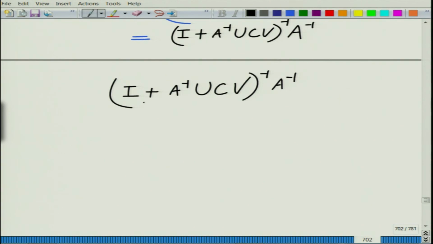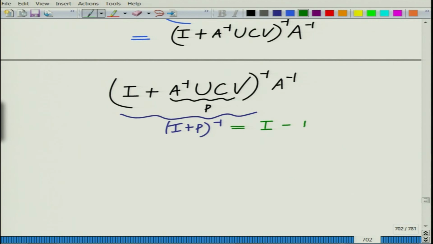Now use property 1, treat this as P. So this becomes (I + P) inverse, which from property 1 equals I minus (I + P) inverse times P. This is the essence of property 1.